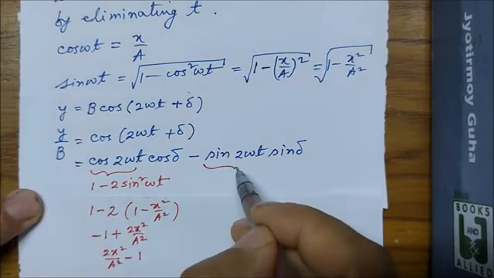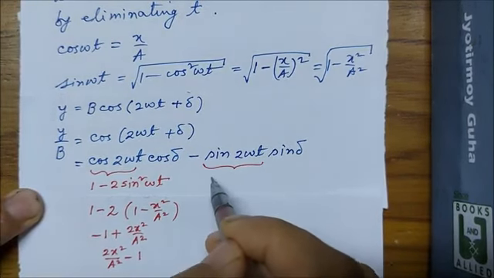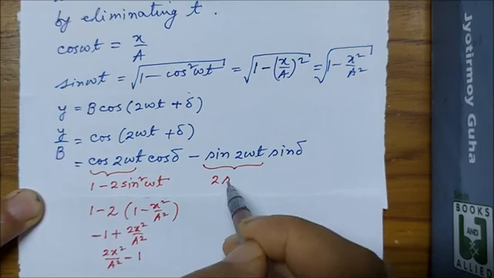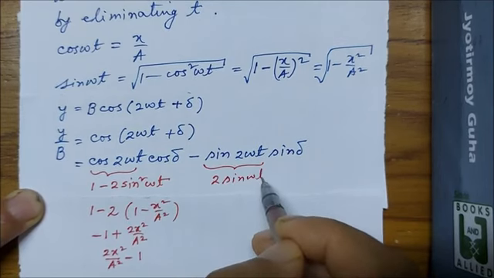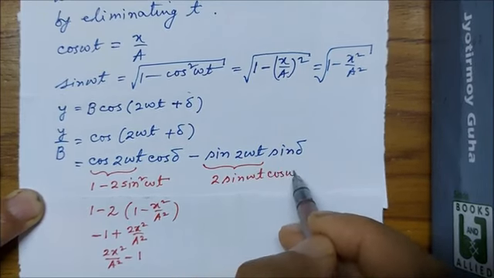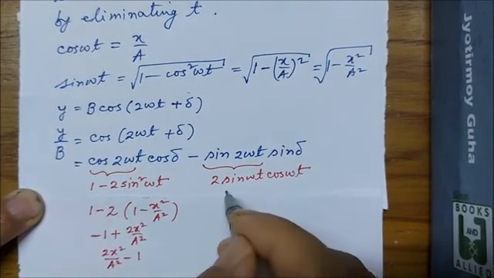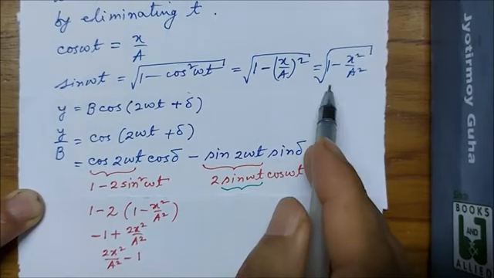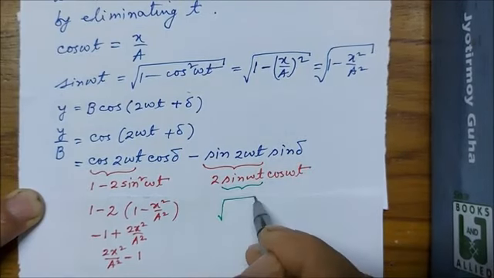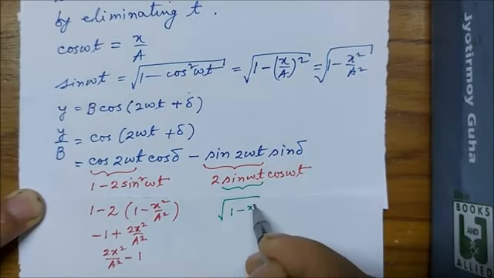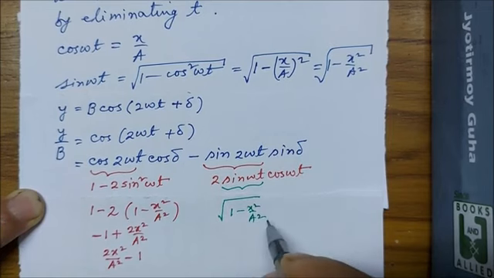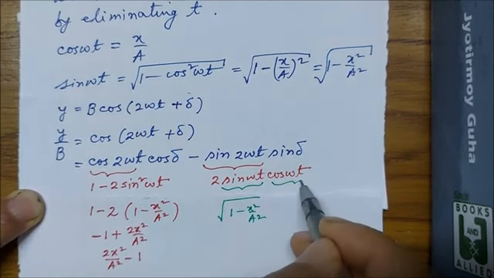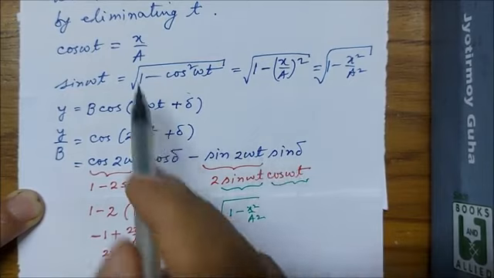And sine twice omega t can be written as twice sine omega t cos omega t, and instead of sine we can write this expression, and instead of cos we have x by a.